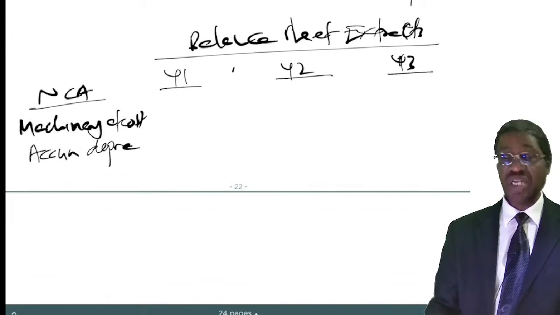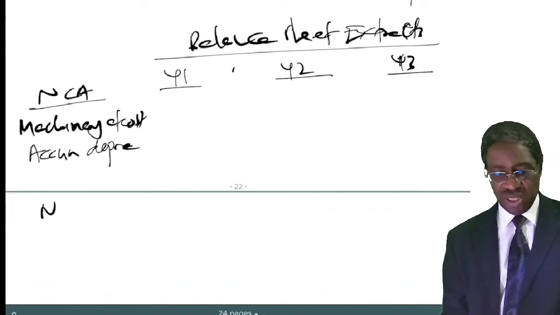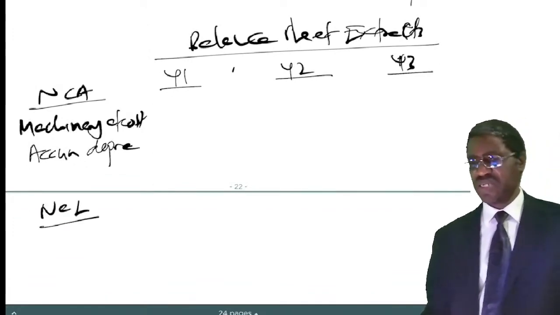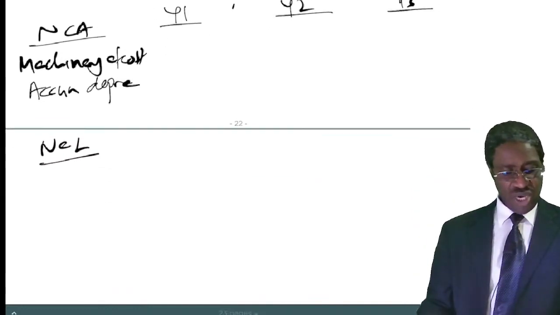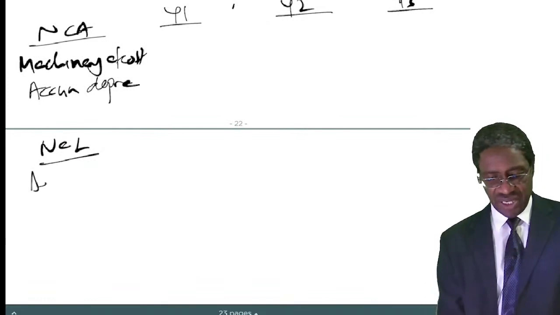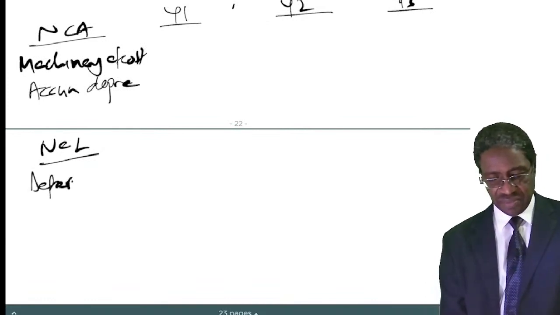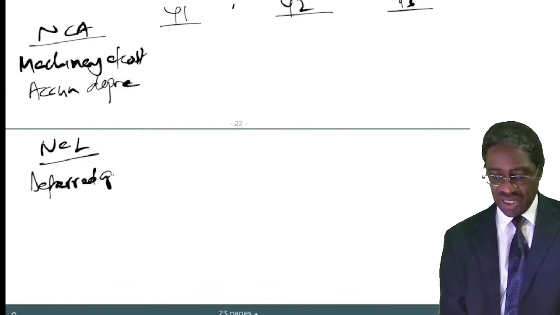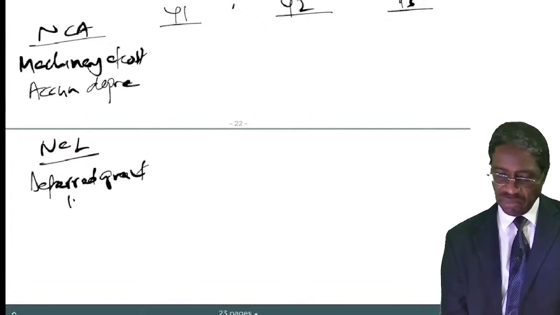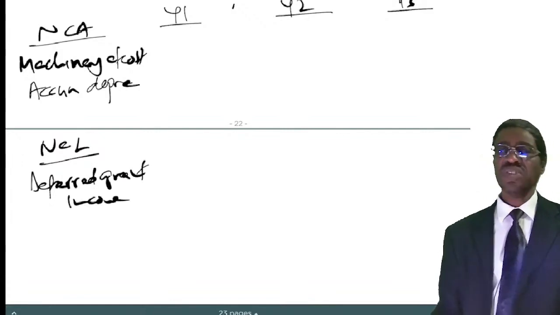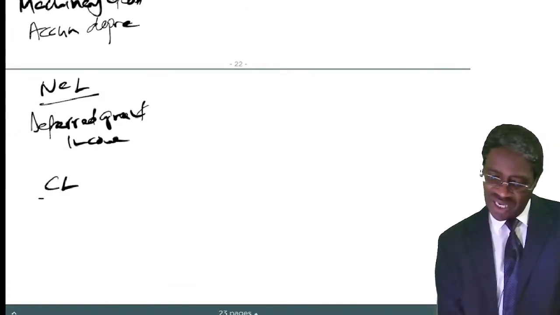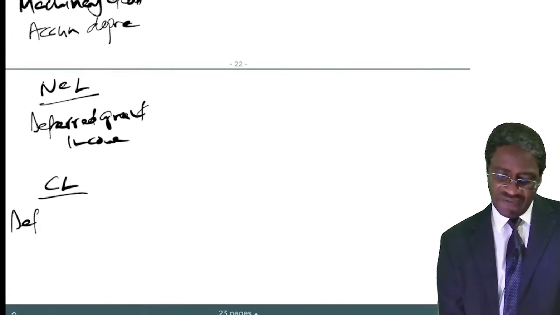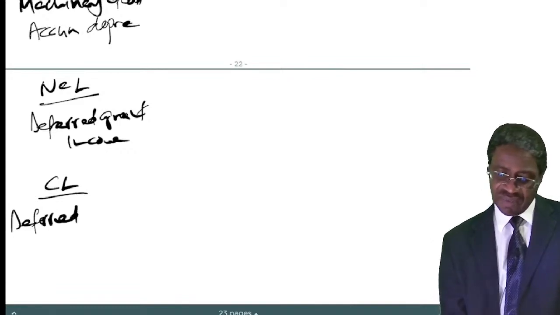Then still in the balance sheet extract, among the non-current liabilities, you will have deferred grant income. Among the current liabilities again, you will have deferred grant income.